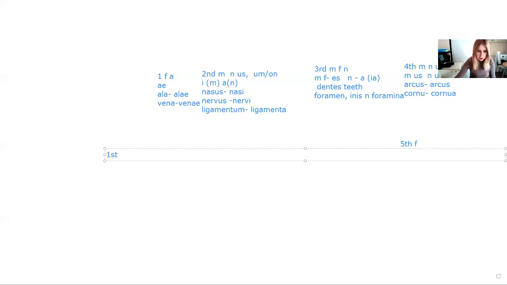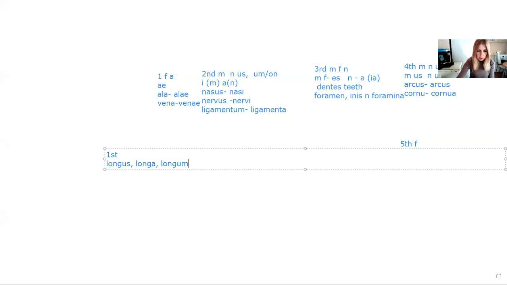The first group means adjectives that have different endings for different genders, like longus. For the masculine form, we have the ending -us. For the feminine form, we have the ending -a, longa, and for the neuter gender, we have the ending -um, longum.